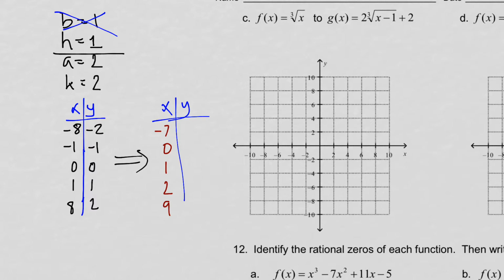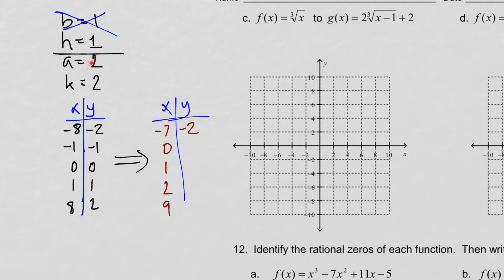Next, the y values. According to this, we're going to multiply times 2 first and then add 2. So let's start with the negative 2. Negative 2 times 2 is negative 4, plus 2 gives you negative 2. Do the same thing for the negative 1.